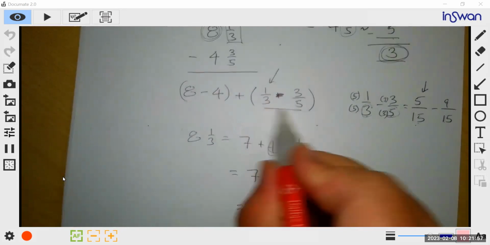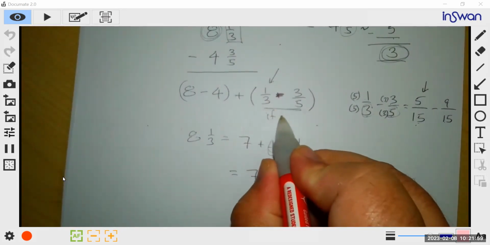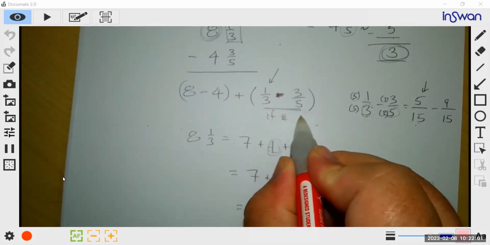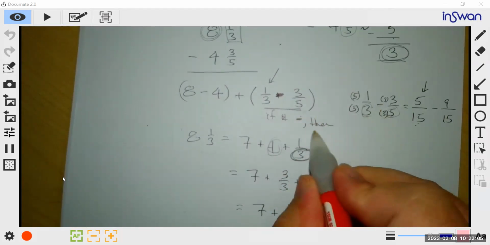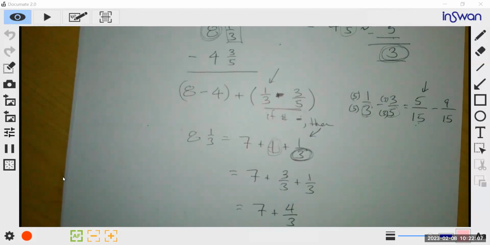So if this number is negative, then do that. Take the leading coefficient, split it up into 2 numbers, plus 1. Make that 1 whatever the denominator is, and then work it out.